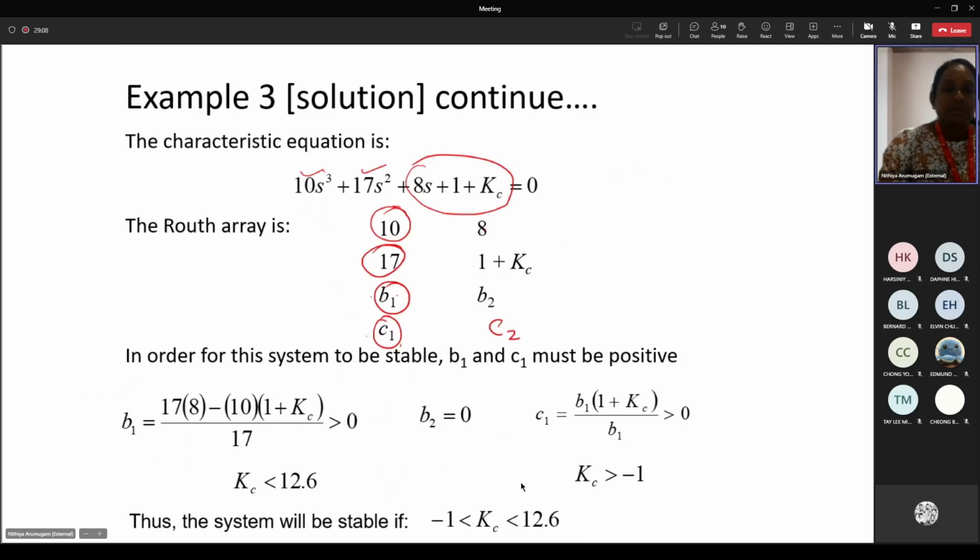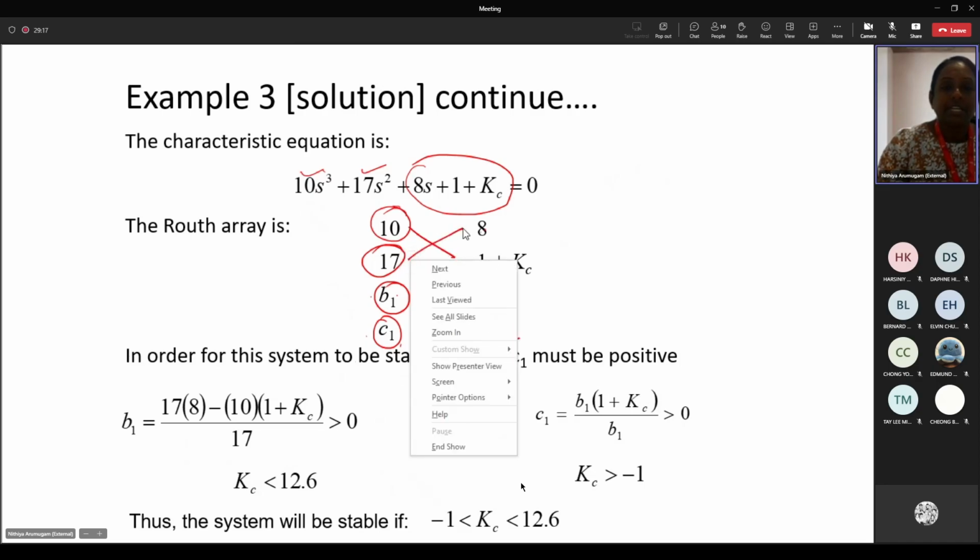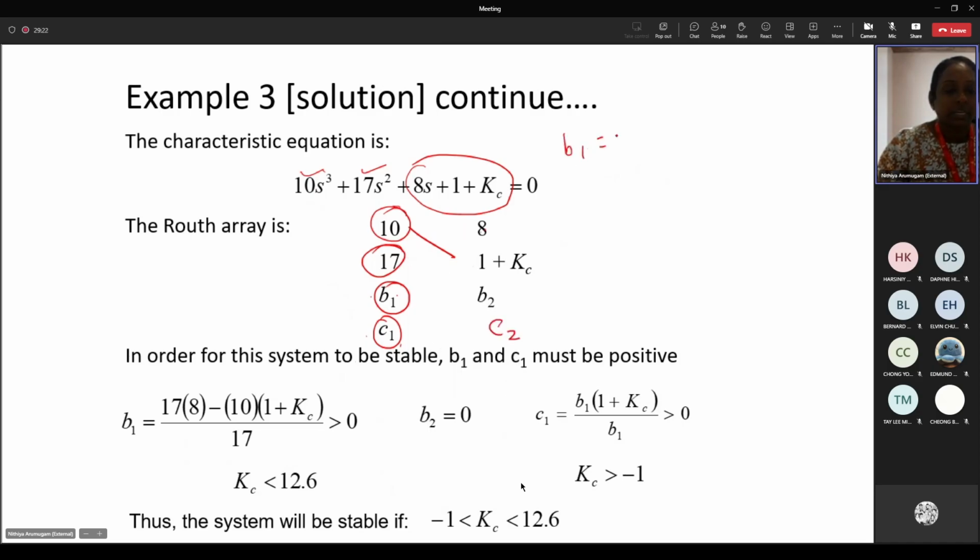In this form, B1 is calculated from 17 times 8 minus 10 times (1 plus Kc), over the n minus 1 coefficient, 70. This must be more than 0 because our coefficient must be positive.